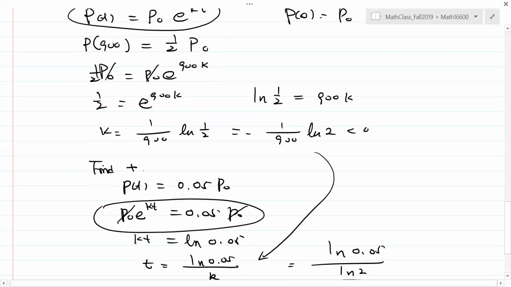Version 2, number 5. It's also number 5. It's an integral, right?